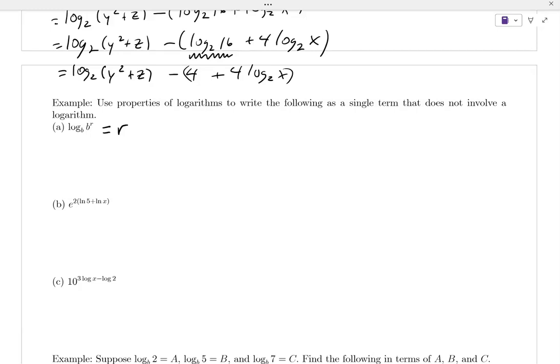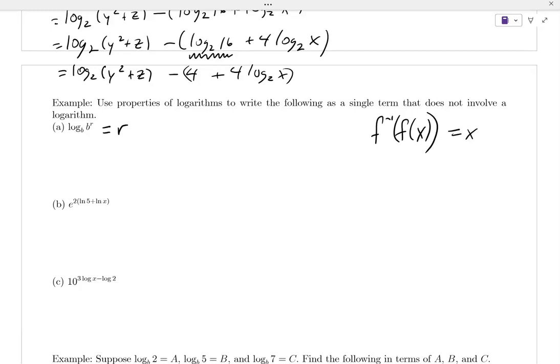Remember that this really is just a statement about inverse functions. Generally speaking, if you apply a function to a number and then apply its inverse, you get back to where you started, right? We talked about inverse functions a couple of sections ago. If I do a function and then undo it, that's what inverses do.